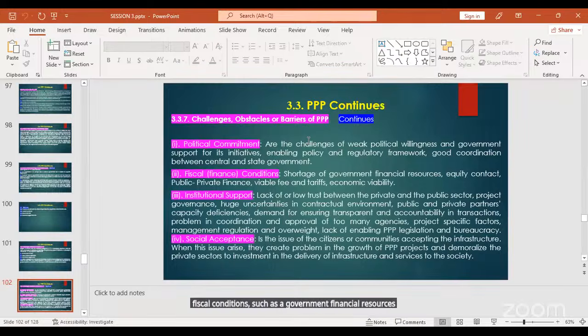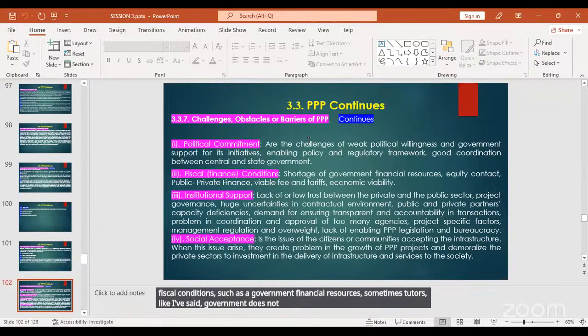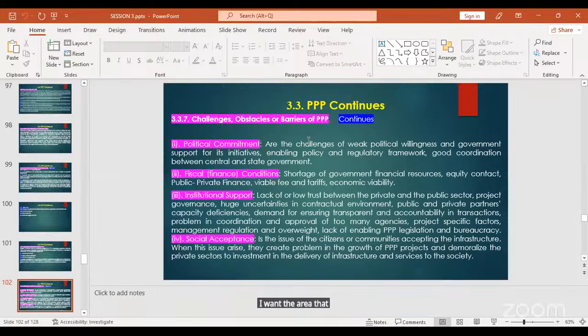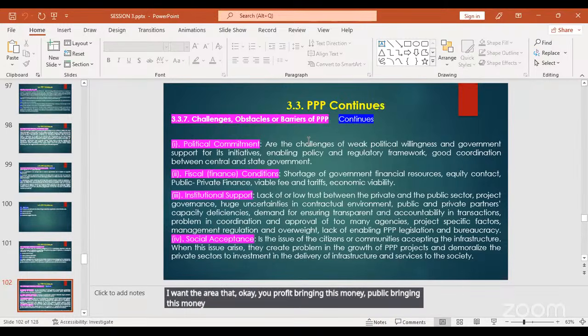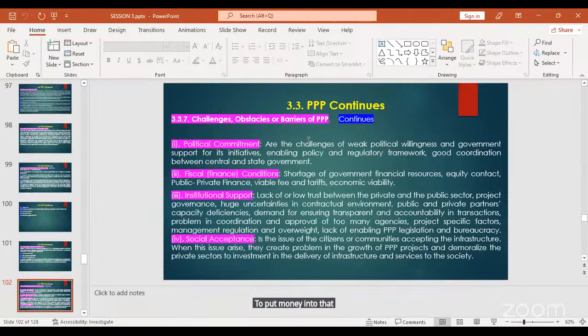Sometimes too, just like I've said, government does not have money to do everything they need to do. So even in the area that, okay, you private bring in this money, public bring in this money, sometimes because government has so many things it wants to put money into, that arrangement may not be too easy for government sometimes too, because they also have some other things to put money into.